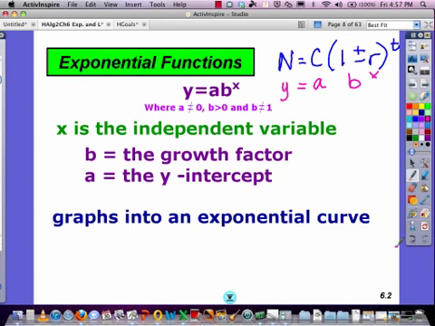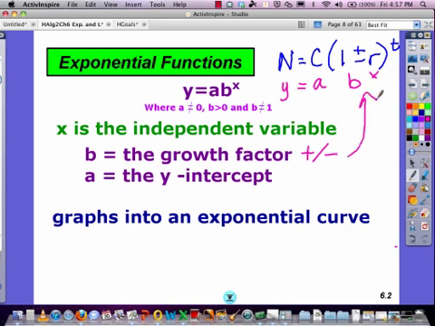As before, x is still the independent variable, so y is the dependent variable. B will be that growth factor. And remember, growth factor is sort of misleading for its name because that can be either plus or minus, like we were talking about up here.